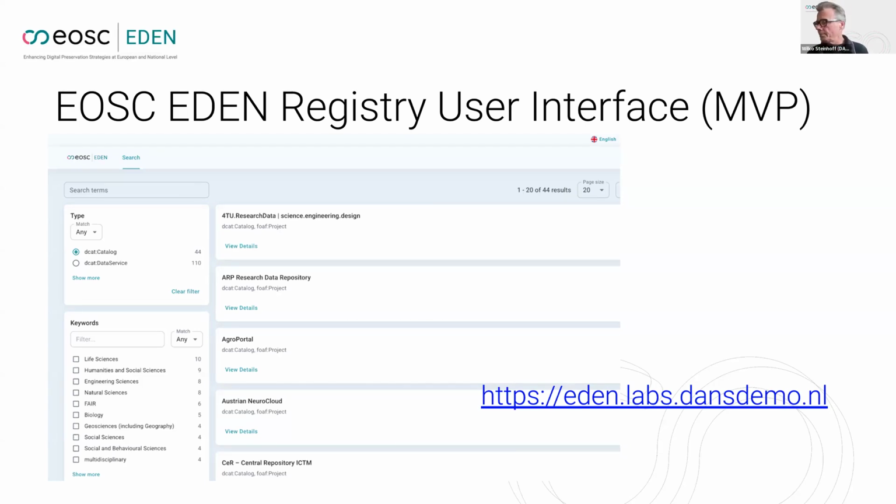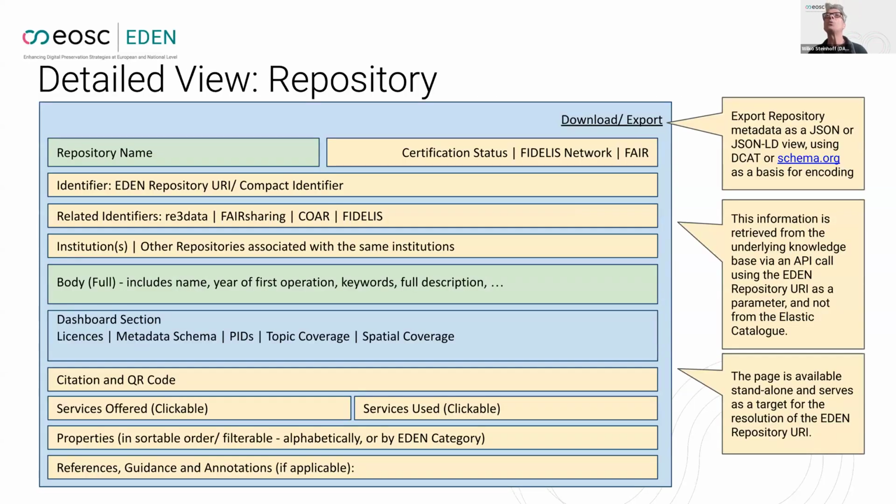The detailed view is currently not available on the demo website because there's a small bug, but we have a detailed view of a repository that should be available there. A detailed view of services will also be included, and a detailed view of profiles, which is actually a collection of attributes that Wesley just described.